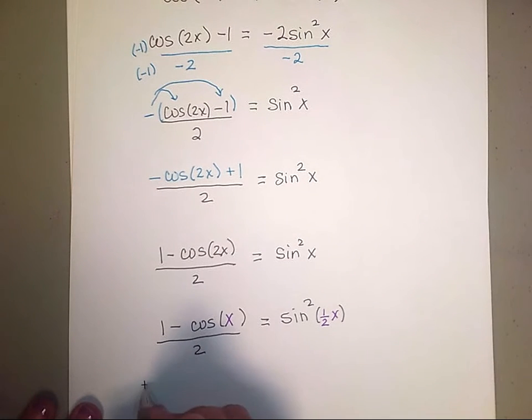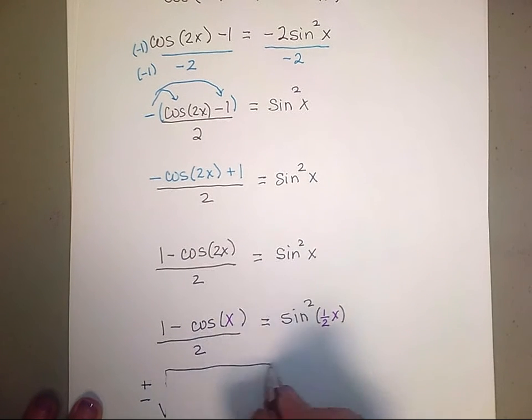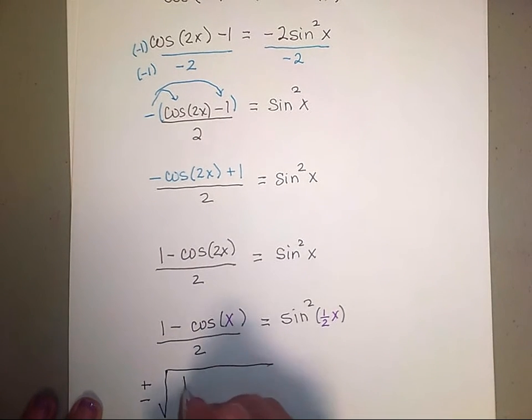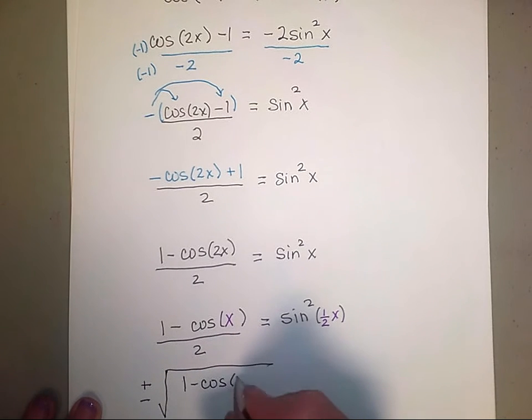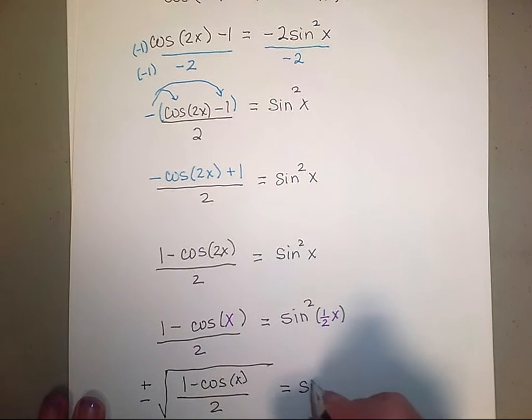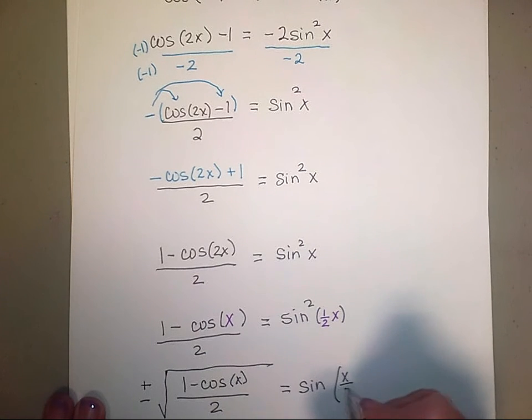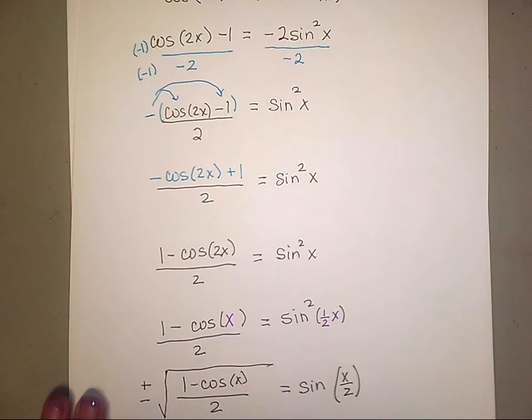And we can take the square root of both sides to get plus or minus the square root of 1 minus the cosine of x, over 2, is equal to just the sine of the half angle, which we usually write as x over 2.